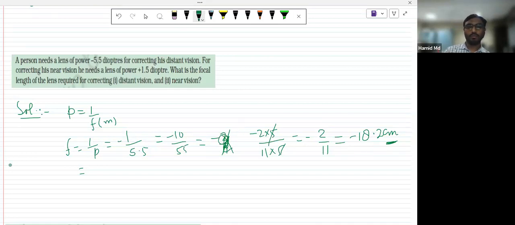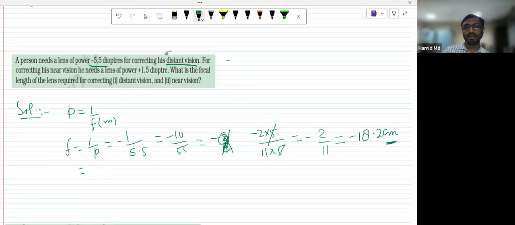One key point is that if the problem is with distant vision, our power will be negative. Distance vision means myopia, hypermetropia, right?